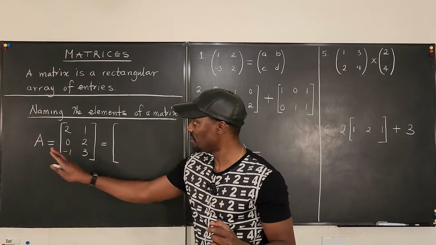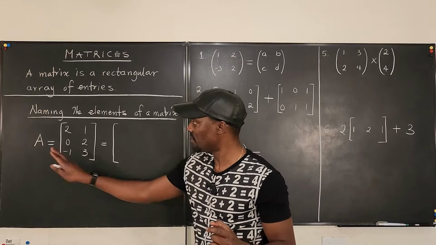So this is a matrix that has 3 rows and 2 columns, so that this first number here is the first entry occupying the first row and the first column. 1, 1. So we name this as A sub 1, 1. When you move on to this one, this one here is occupying the first row but the second column.